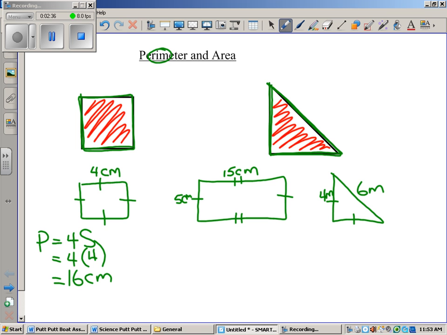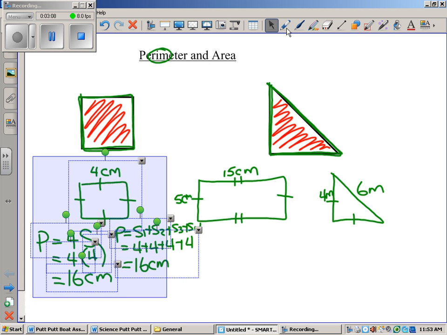Now that's one way to get the answer, but if you were to forget that, you could easily also go perimeter equals side 1 plus side 2 plus side 3 plus side 4, and that's 4 plus 4 plus 4 plus 4, and we would still come out to the same answer of 16 centimeters. So there's the first one. And I don't think that's new to anybody.